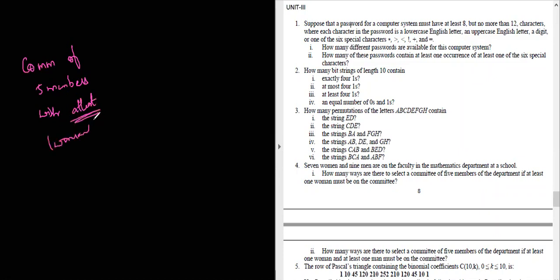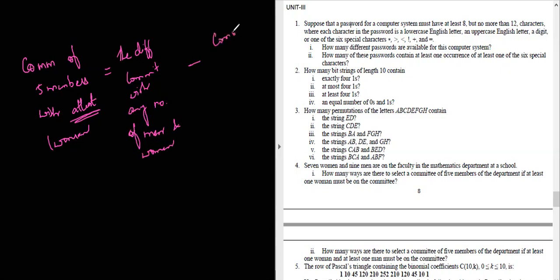Over here we can have one woman in the committee, or the entire committee can comprise all women. So we have to find the different committees with any number of men and women, minus committees with only men.